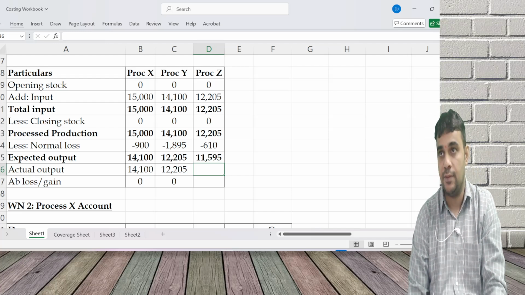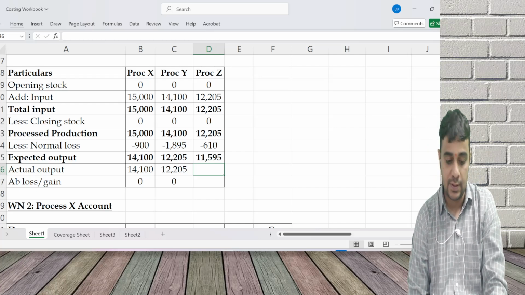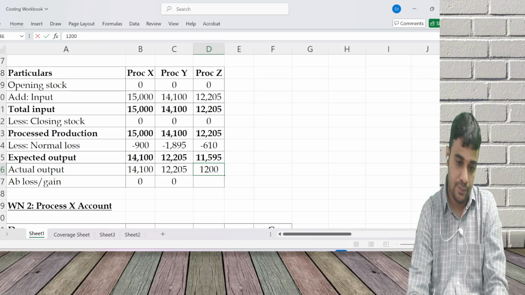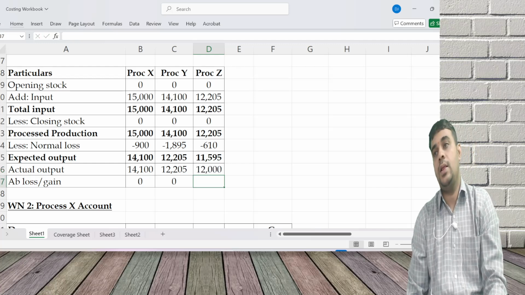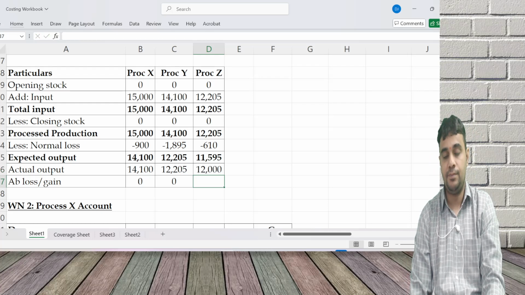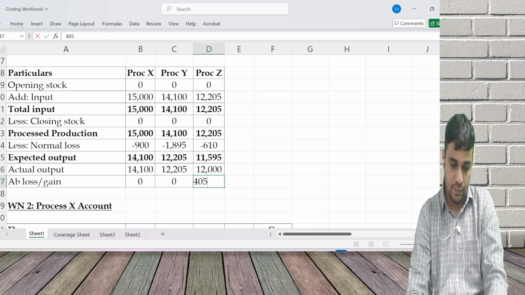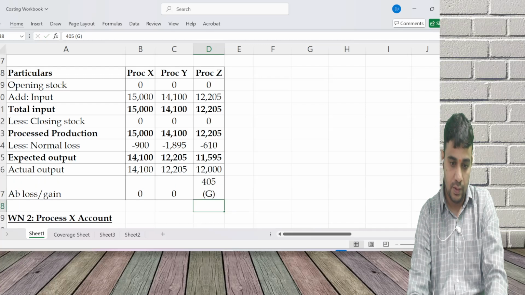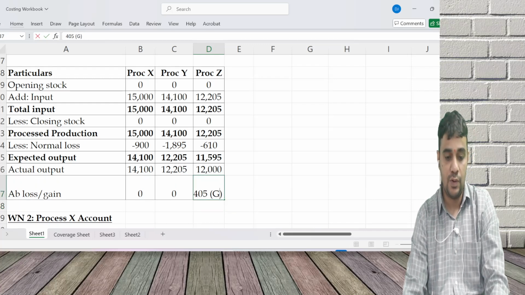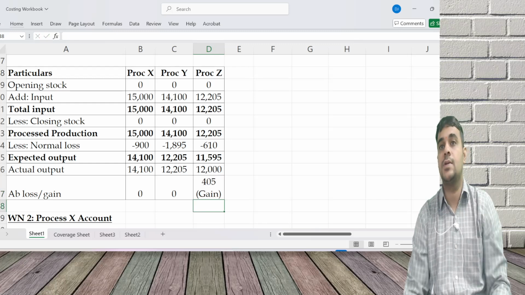How much is that? 12,000. This is gain. 405 gain. Any doubts on this?